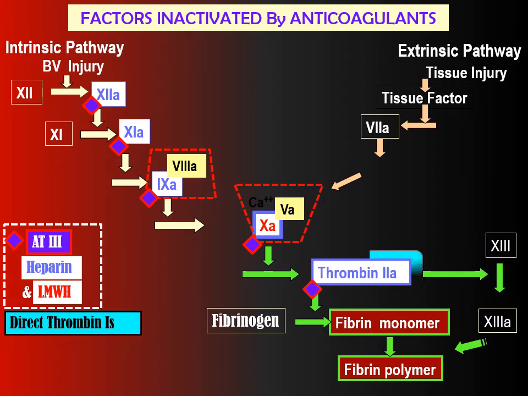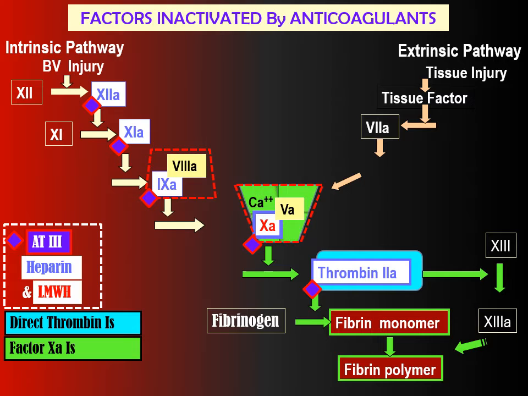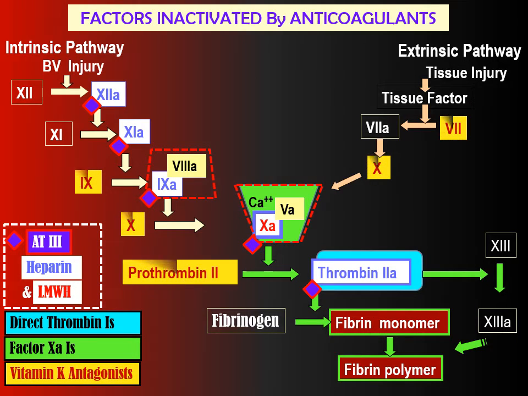And by the binding of direct thrombin inhibitors, thrombin 2A is inactivated. Factor 10A inhibitors inhibit the factor 10A activation and the downstream cascade is inhibited. And vitamin K antagonist inhibits the coagulation factors 2, 7, 9, and 10.